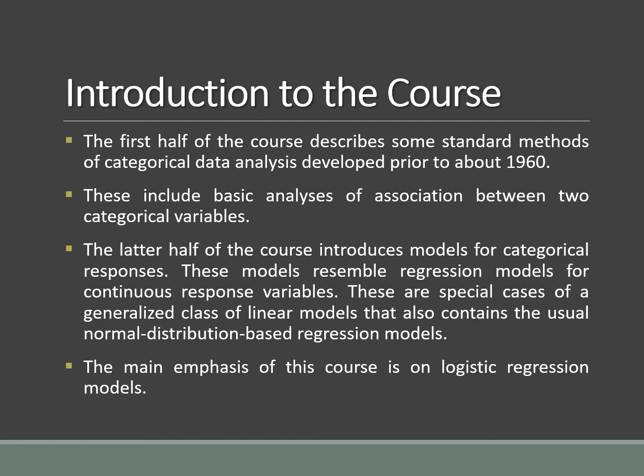These models resemble regression models for continuous response variables, as was discussed in your regression course. These are special cases of a generalized class of linear models, which we will discuss later on, that also contains the usual normal distribution-based regression models. The main emphasis of the latter half is on logistic regression models.